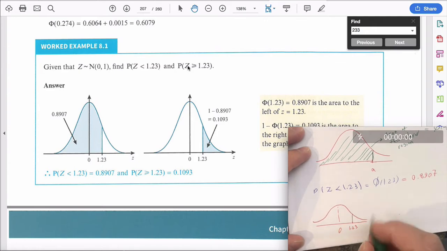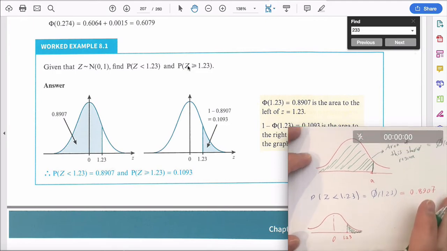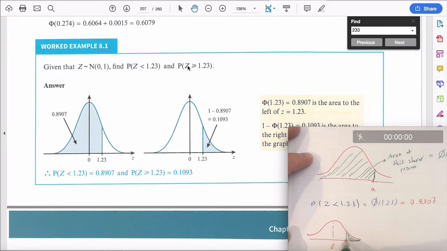Now you are looking for the region after 1.23 because it says greater than 1.23. But the table that you saw doesn't give you probability for a value more than a number. It always gives you a value less than a number.